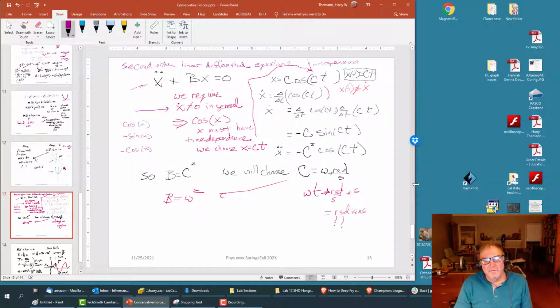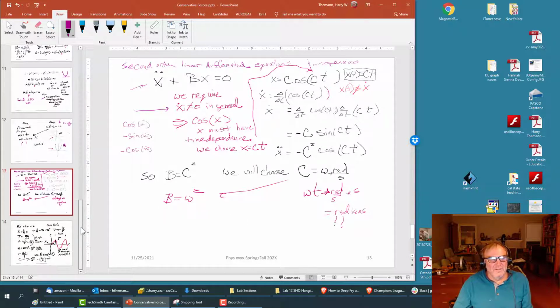Omega times t is radians per second times seconds, so we end up with radians, and that's great because we want whatever's in these parentheses to be radians, so that cosine makes sense. So great, we're on our way home.